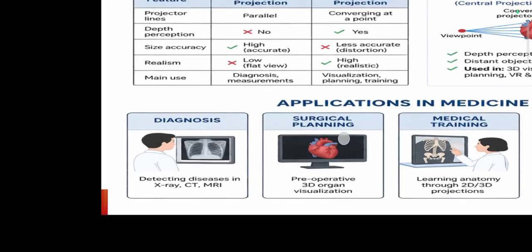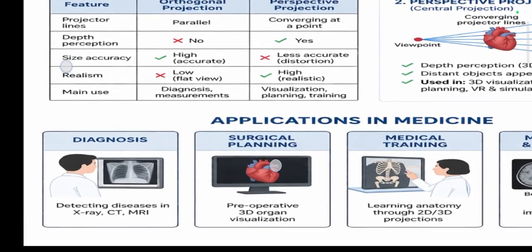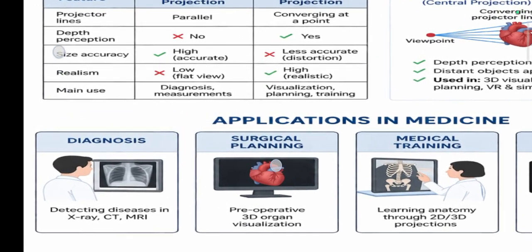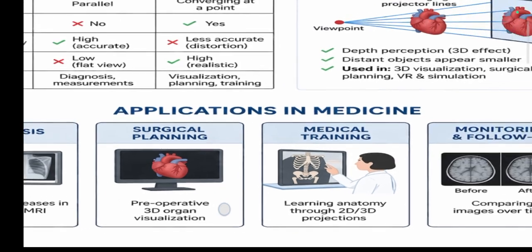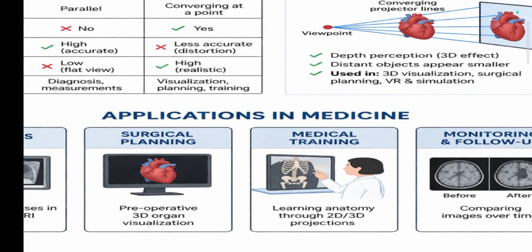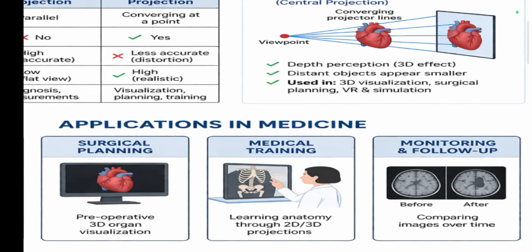The main applications are diagnostics and detecting diseases in X-rays, CT, and MRI; surgical planning and pre-operative 3D organ visualization; medical training, learning anatomy through 2D and 3D projections; and monitoring and follow-up before and after treatment.